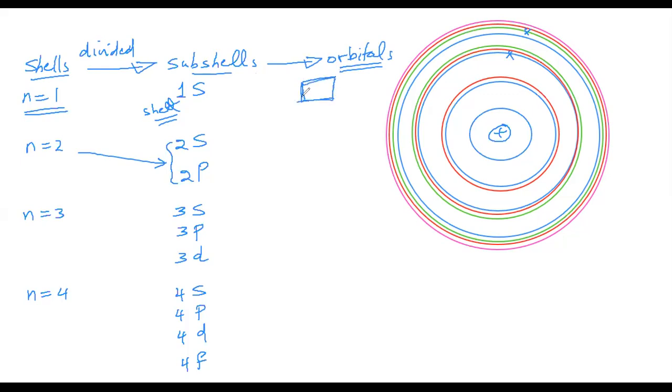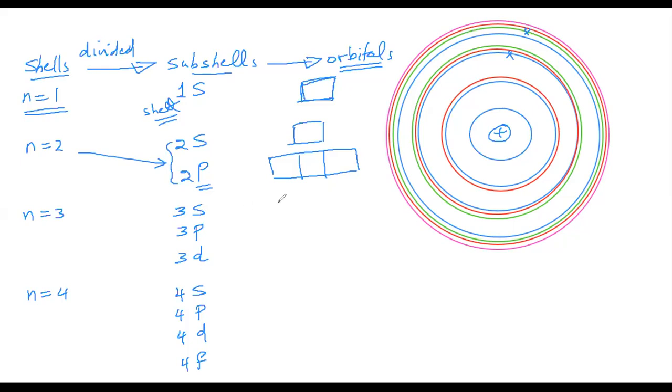It contains only one orbital. The S usually does not divide. It consists of one orbital always. But the P subshell is divided into 3 orbitals. The P subshell divides into 3 orbitals.